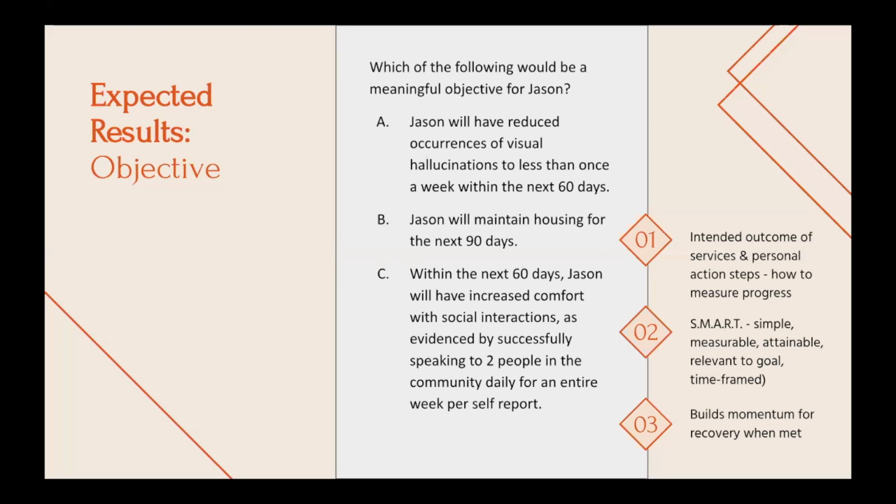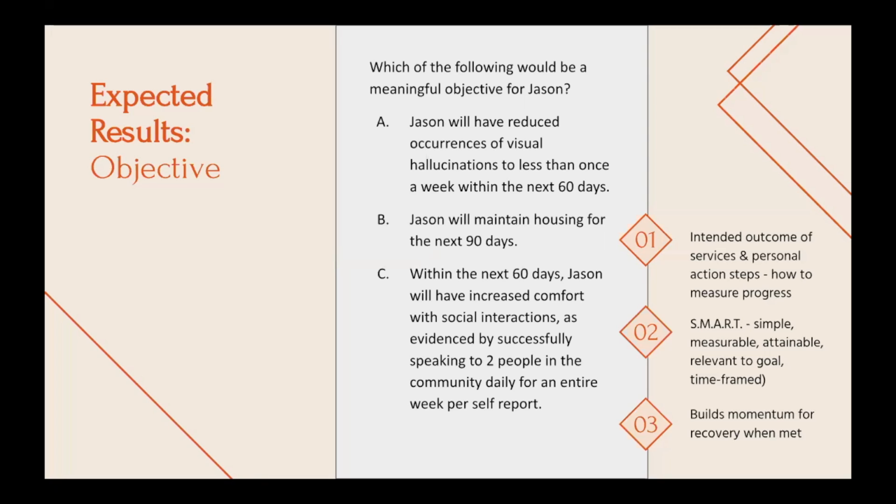C, within the next 60 days, Jason will have increased comfort with social interactions, as evidenced by successfully speaking to 2 people in the community daily for an entire week per self-report. So you can consider further on your own by pausing the video. Otherwise, let's evaluate each of these options as objectives on the plan.